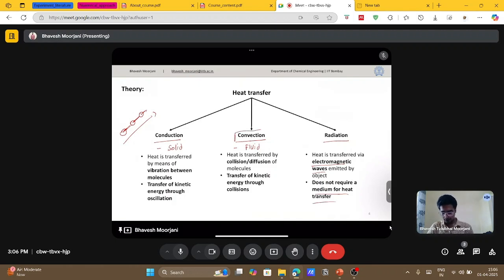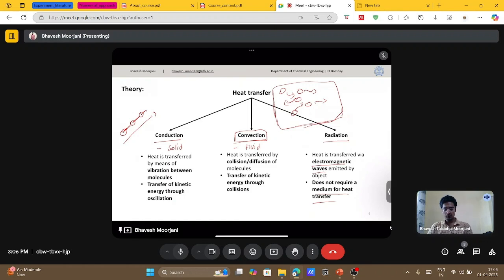Now when we talk about convection, heat is transferred through the movement of molecules, right, which are randomly distributed. So consider this confined space where we have some gas molecules. They are moving around in this box, right? And through this collision and diffusion, the heat is being transferred through them, right?